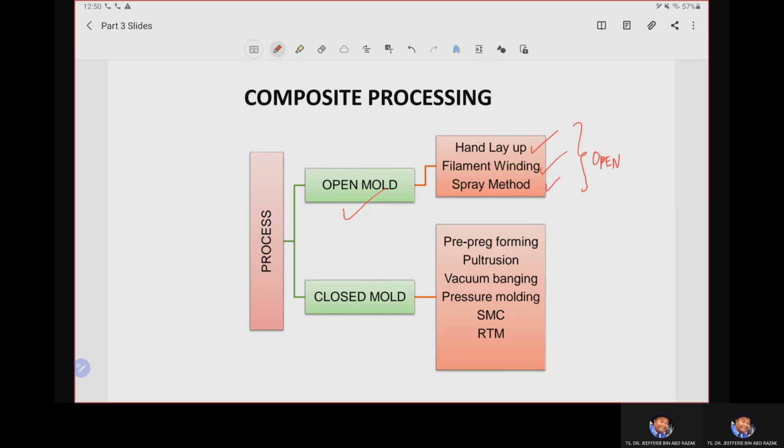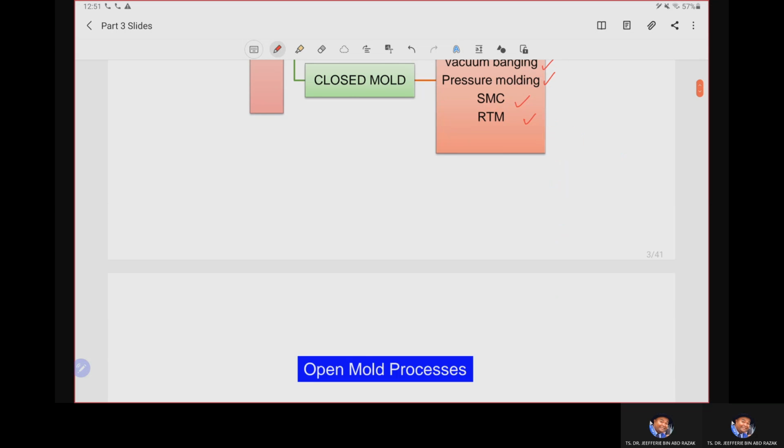And for the closed method manufacturing for PMC, we will have various options of processing, like the Prepreg Forming. I will introduce you to the term Prepreg, the Pultrusion, the vacuum molding, pressure molding, sheet molding compound, the SMC, and resin transfer molding, the RTM here.